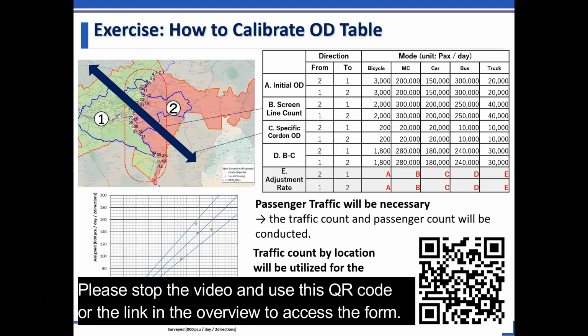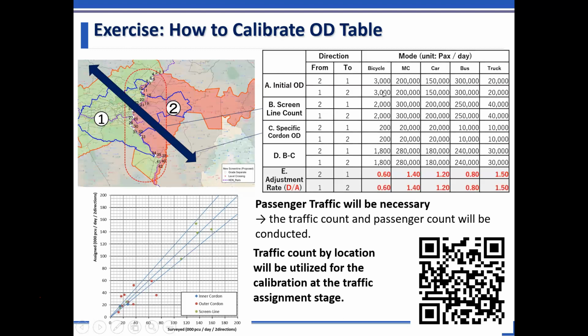As a result, B minus C can be shown in these tables. Then, please consider how to adjust the traffic volume from the initial OD to these traffic volumes.